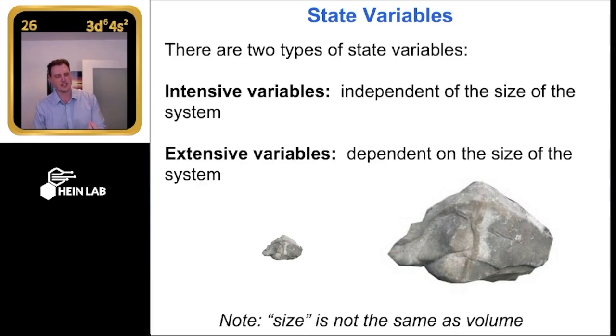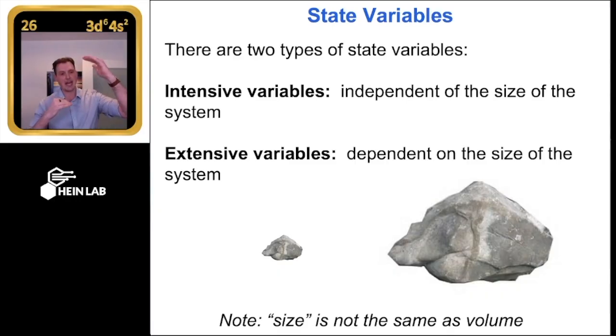So what you'll notice is a lot of intensive variables have what we call these ratio properties. It's a value that has been normalized by some other variable, or a ratio of two extensive variables generally will create an intensive variable. Mass is extensive, bigger and smaller. Volume is extensive.